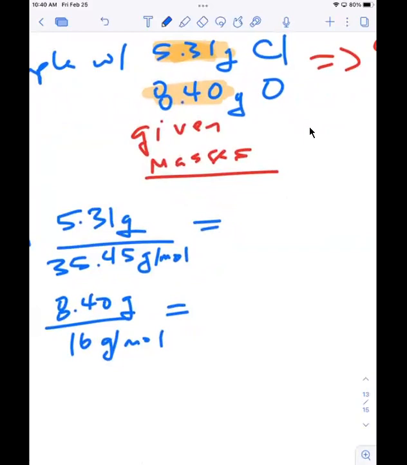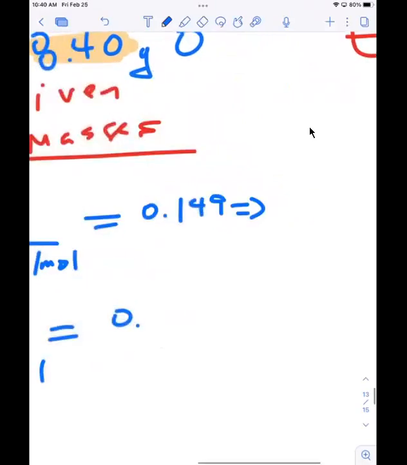Calculating that? 0.149. Let's go ahead and round that up to 0.15. Right. All right. And what about the oxygen?